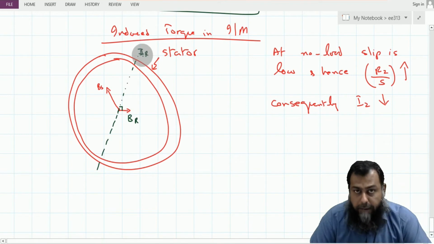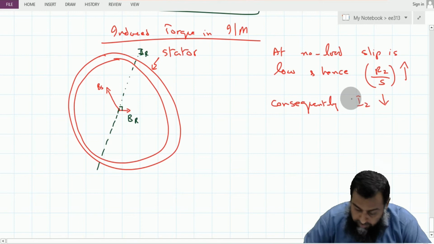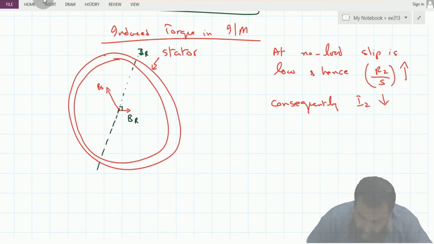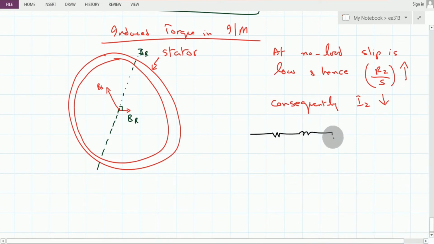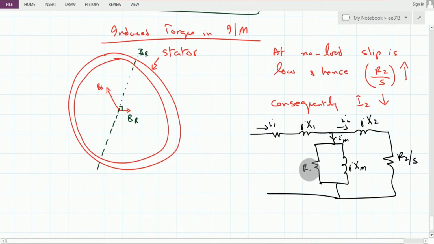Because we have a very low amount of current flowing here, let me first draw the equivalent circuit as well. Here we have R2 over S, this is jX2, this is I2, and here we have I1, and this is IM. So this is jX1, this is jXM, and here we have the RC, and here we are applying the per phase voltage.